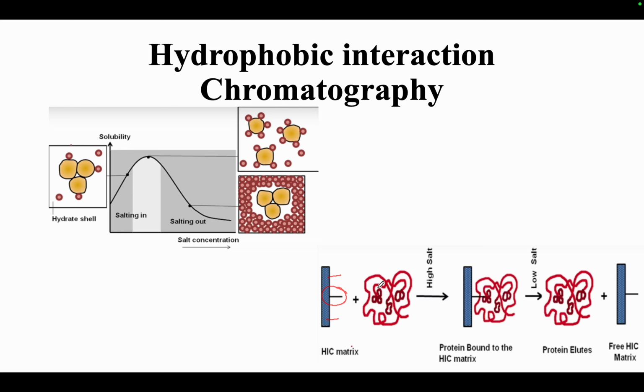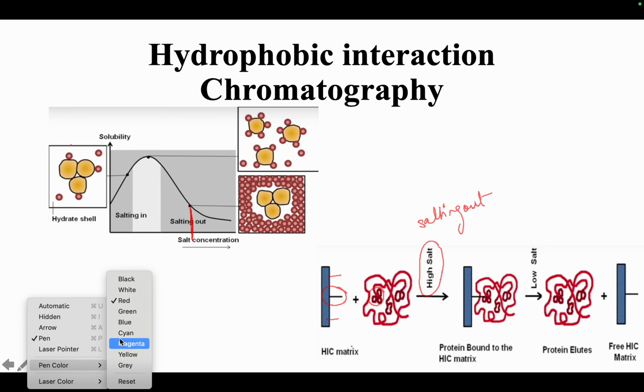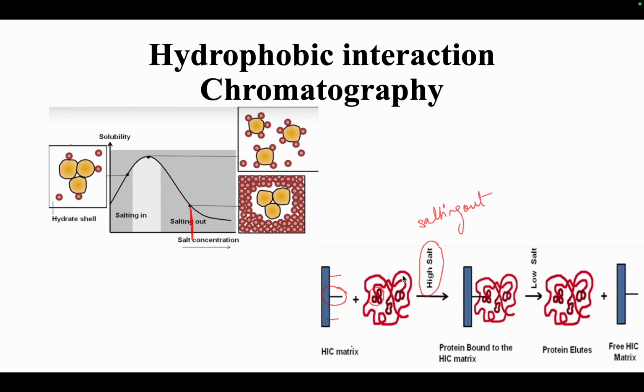What will happen as we add high salt? There will be salting out. Once we add a higher concentration of salt, at this level, salting out will happen. And these are the hydrophobic residues. I'll change the color. This dark red color are the hydrophobic residues.